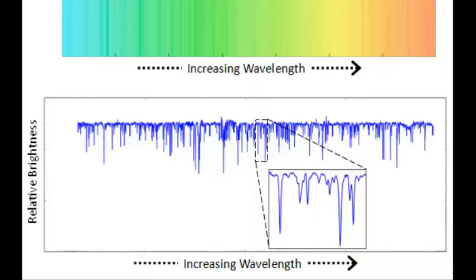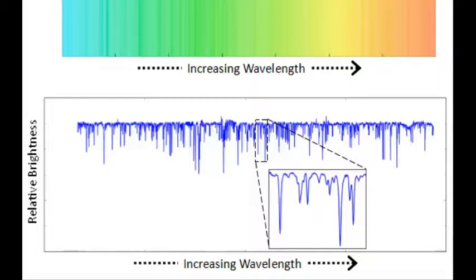From a scientific research standpoint, we actually need to quantify the brightness of these dark lines in order to fully understand the star. The way we do this is by using a graph of the spectrum, where we graph the brightness of the light as a function of the light's wavelength. That basically looks like what's on the bottom here.